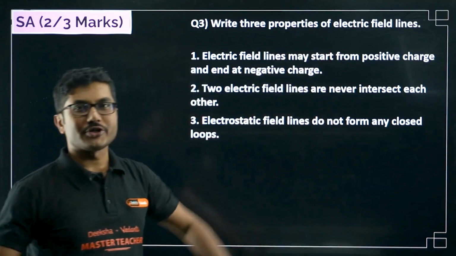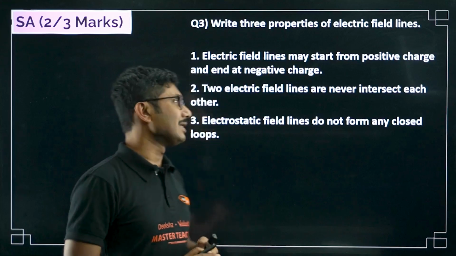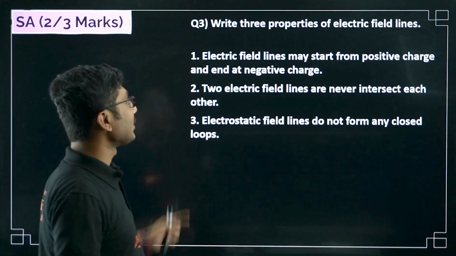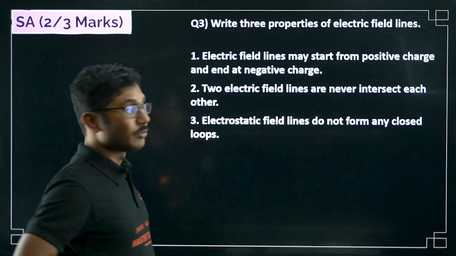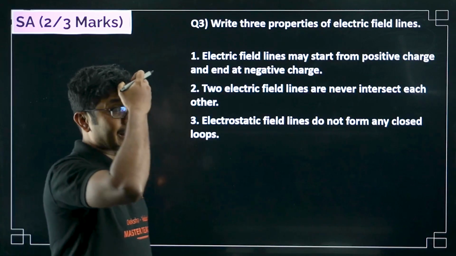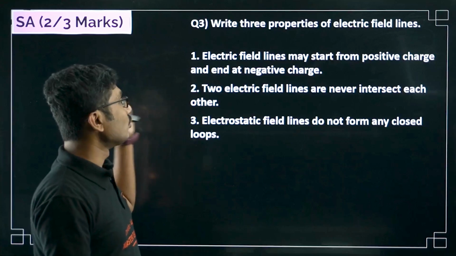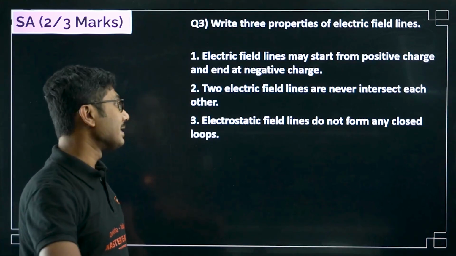If you remember this question, you can answer 2 questions. One is electric field lines, another one is magnetic field lines, okay. Obviously in case of magnetic field lines, you have to mention that they start from north pole and end at south pole, and inside the magnet it goes from south pole to north pole. That is the major change. Other than that, 2 electric field lines never intersect. Magnetic field lines also do not intersect, okay.